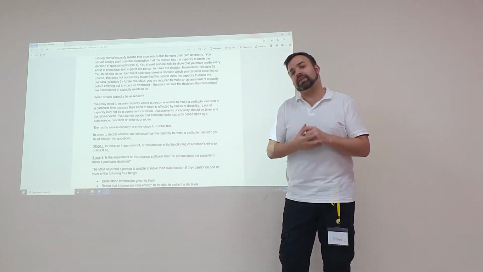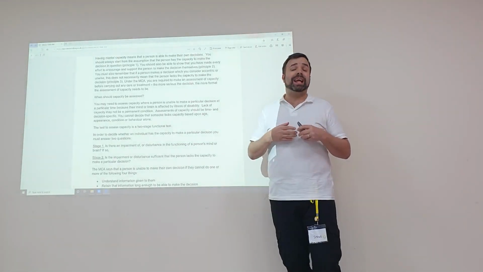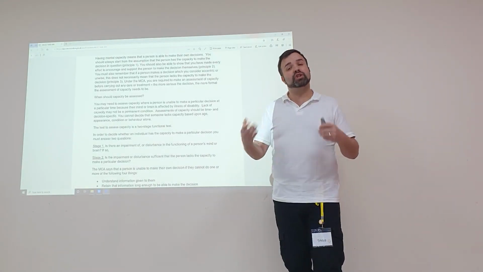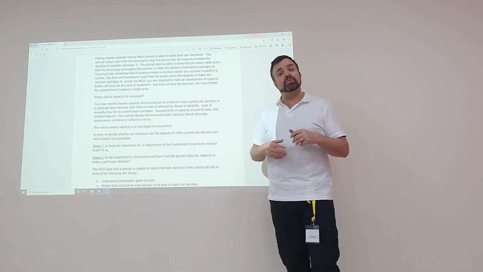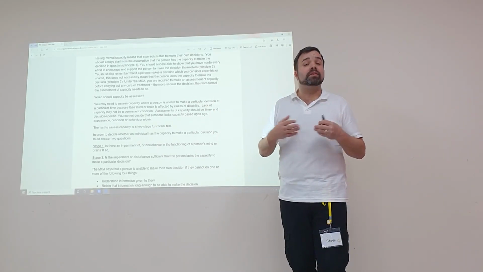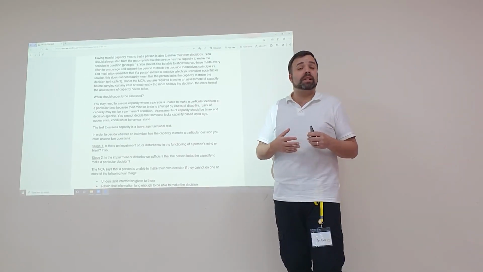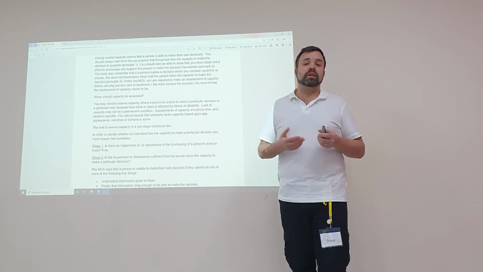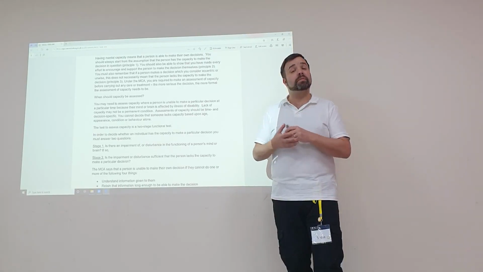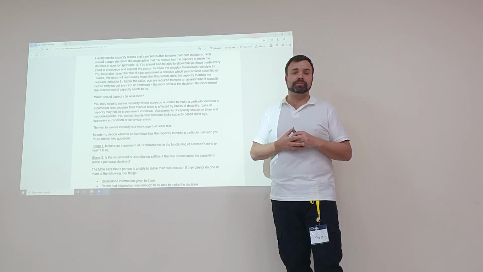However, we may end up in situations, after doing a mental capacity assessment, where the person clearly is unable to weigh up risk and is unable to weigh up choice. If that's the case, we move down to the next phase where we may implement the DoLS Act. DoLS is a Deprivation of Liberty order, and it basically means we're going to write to the local courts to get some kind of guidance and protection around that person to prevent them from being at harm or at risk of being abused.